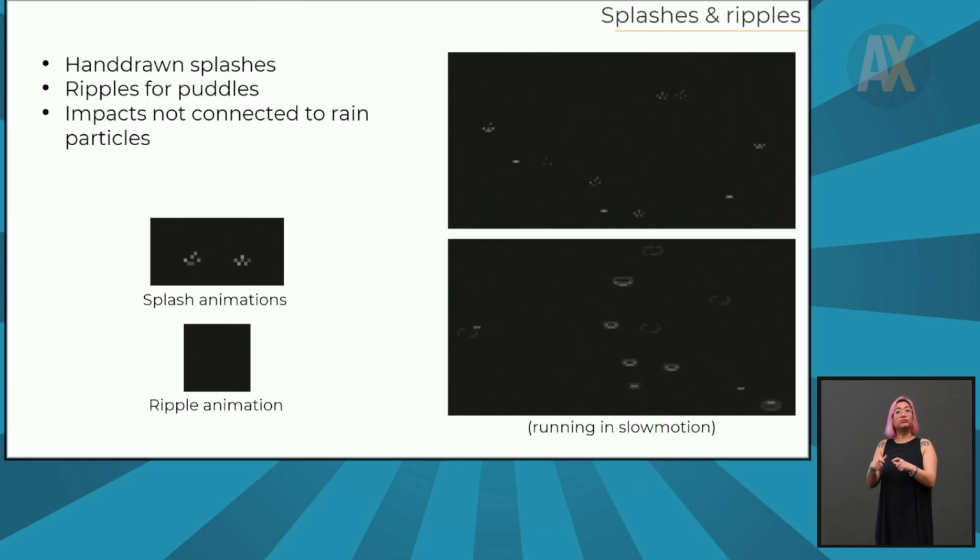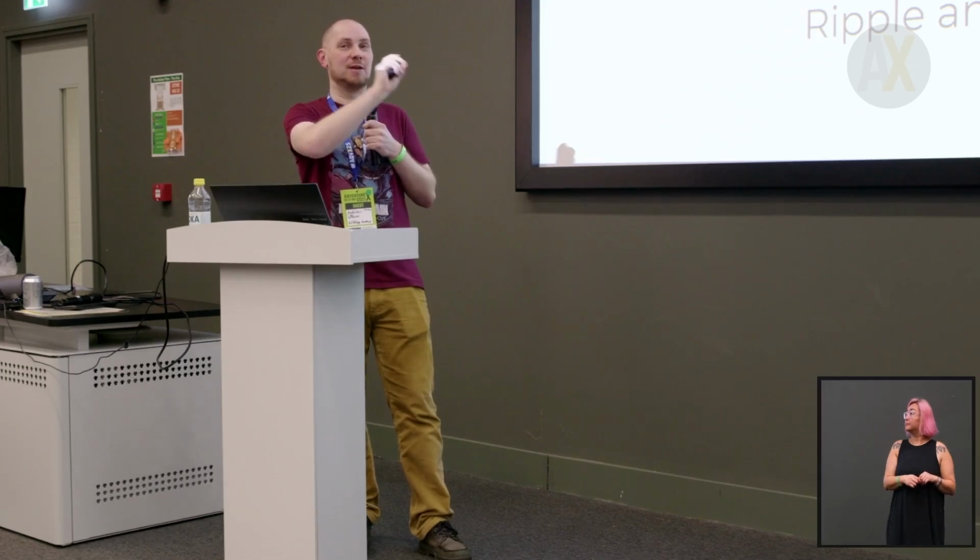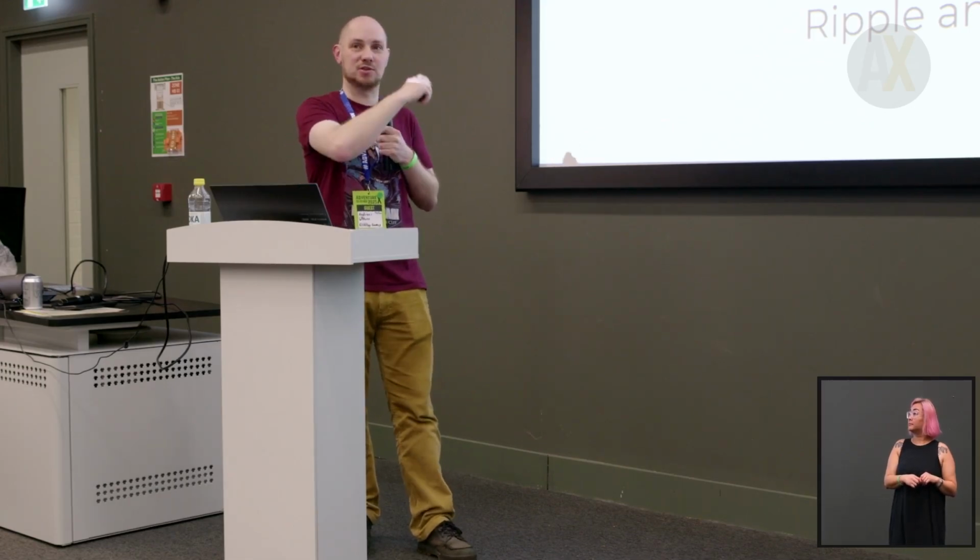So we created a separate ripple animation and a separate particle system for that to play specifically in the puddles in the scene. And do note that neither of these particle systems are in any way connected to the rain I just showed in the previous slide. But since there's so much rain coming down, you don't really notice it. So we're kind of faking a little bit here.